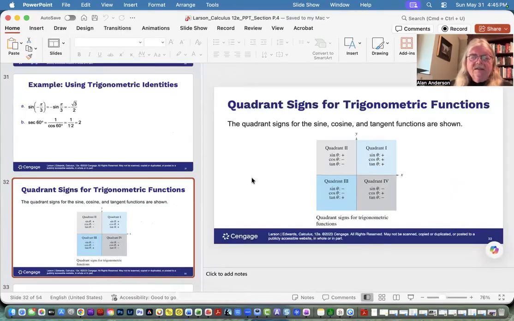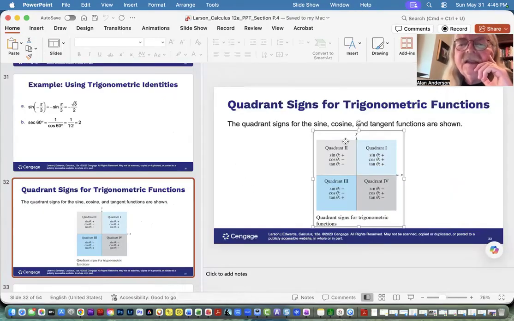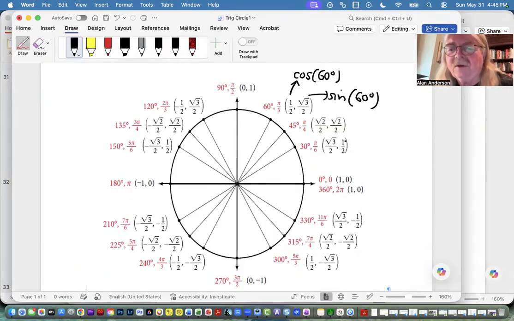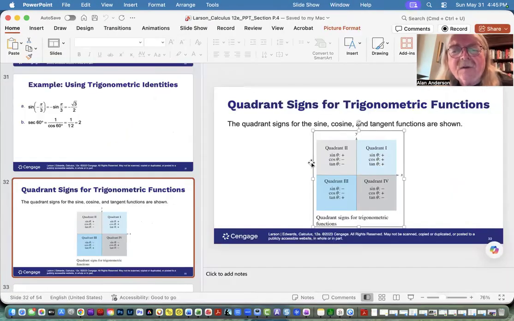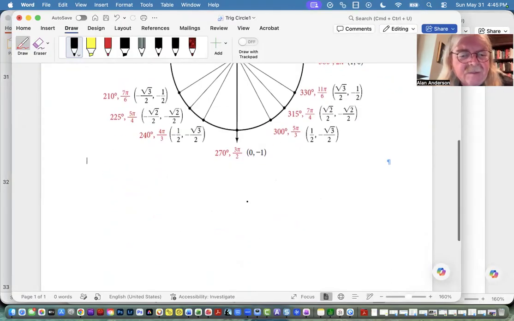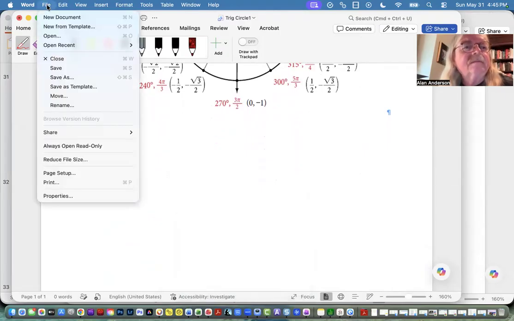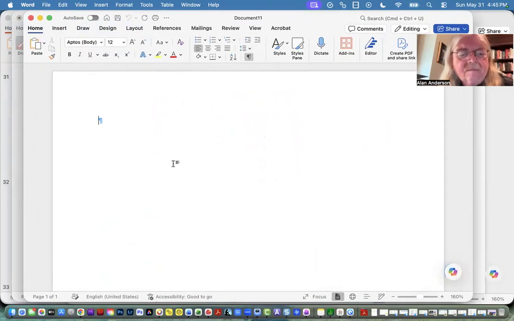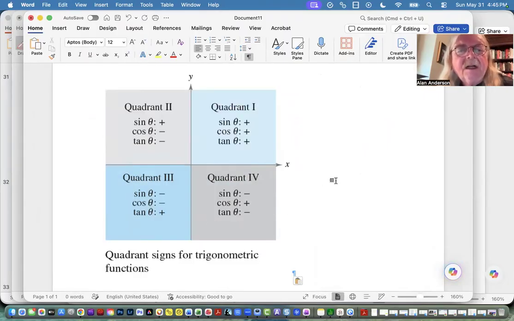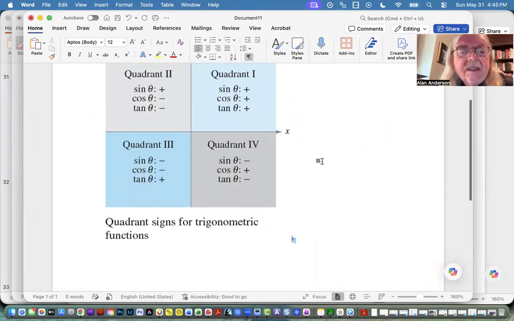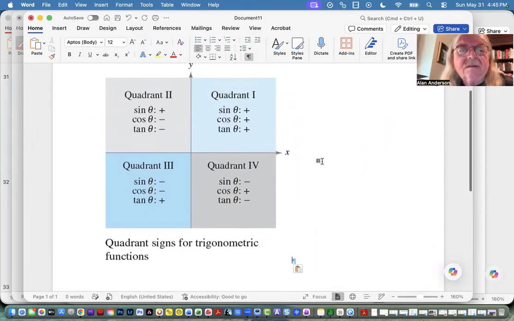Now, here's something else that might be worth your while keeping track of somewhere. Another helpful little table, which I just realized I neglected to make my own copy of, but I can take care of that right now. These are the signs for the trig functions in the different quadrants.